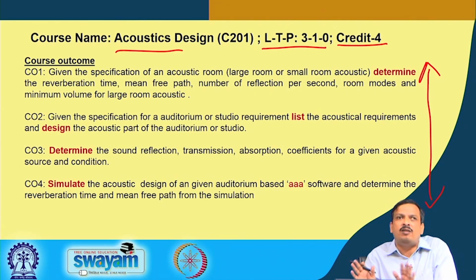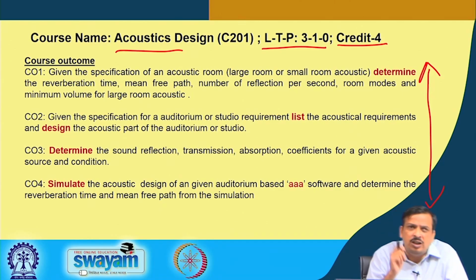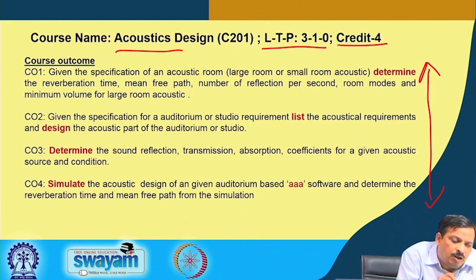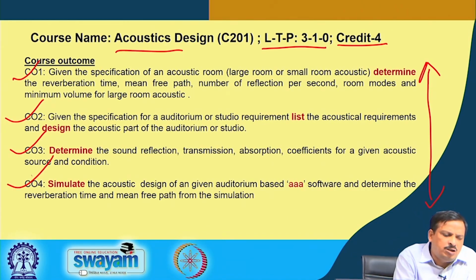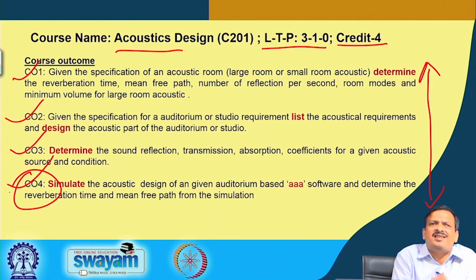That has to be clear to the students. And also you have to decide whether all COs can be tested on a time-bound exam or not. If you look at CO4, can I test it in a time-bound 2 hour or 3 hour examination? I cannot.